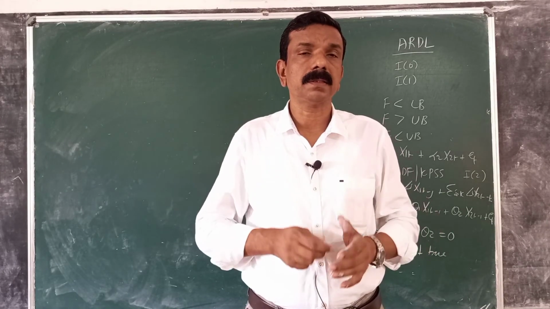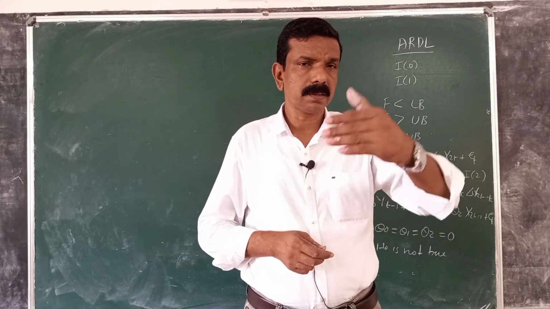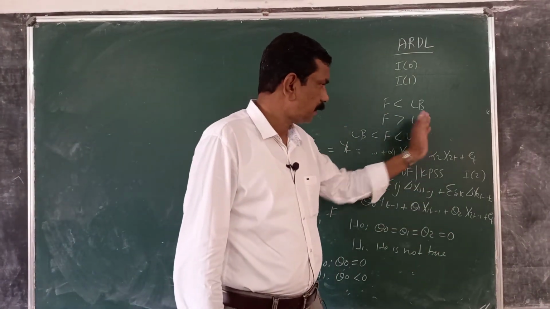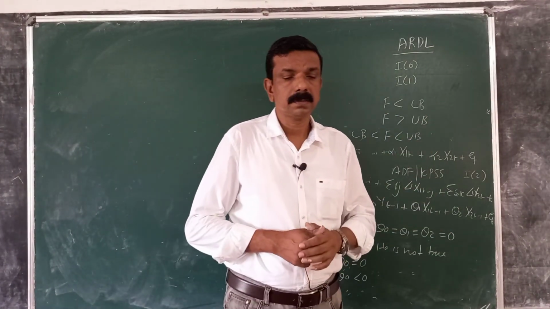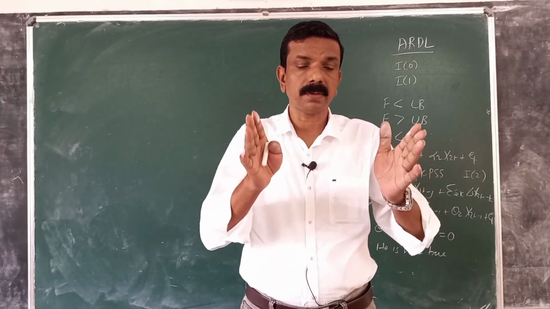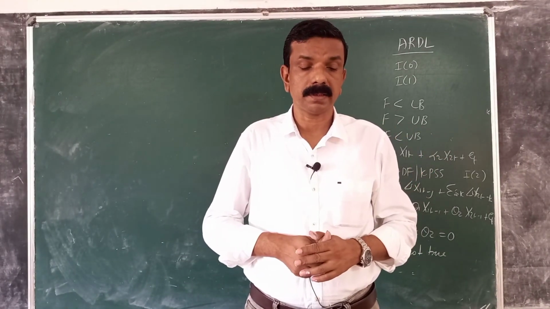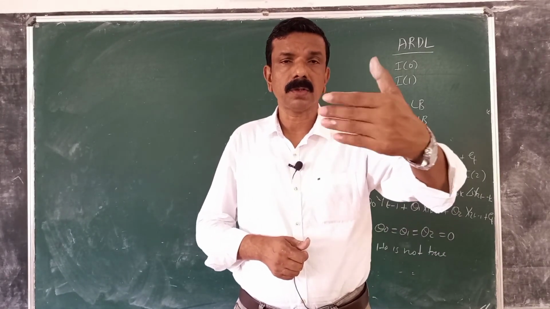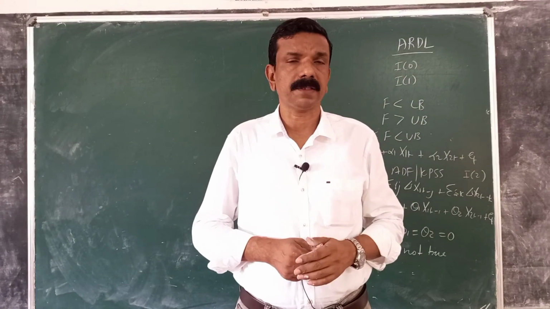Now, this is the ARDL bound test procedure. And once we have F greater than upper bound, we can estimate both the short run and also the long run relationships. And you will get both the short run and long run coefficients.